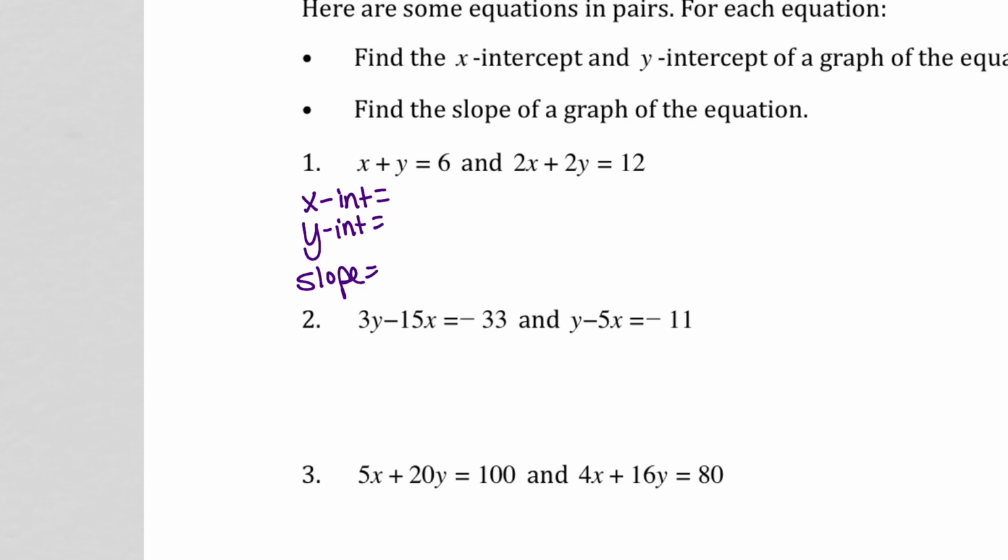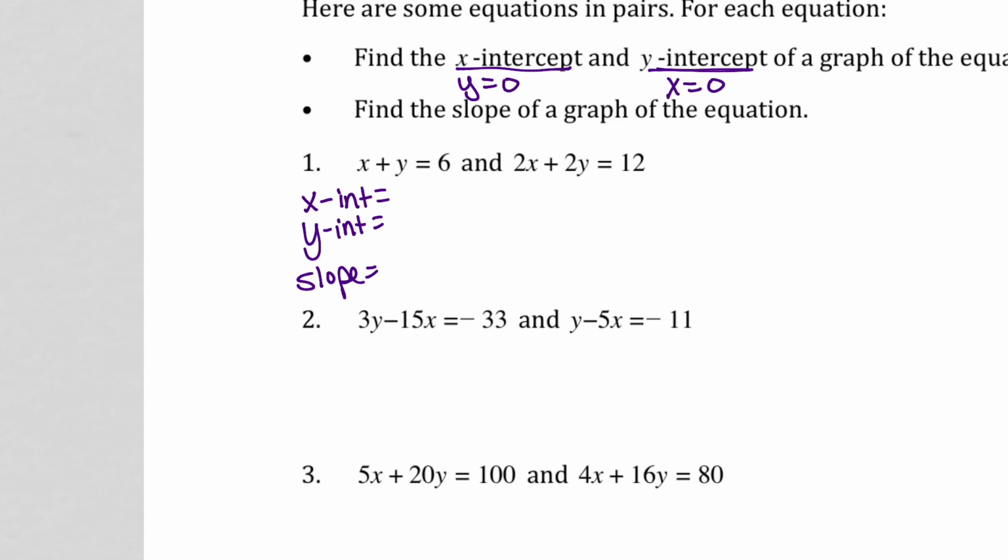How do I find my x-intercept? Okay. All you have to do is plug in a 0 for the y. So if you want to put it up here, put y equals 0. And for y-intercept, x equals 0.